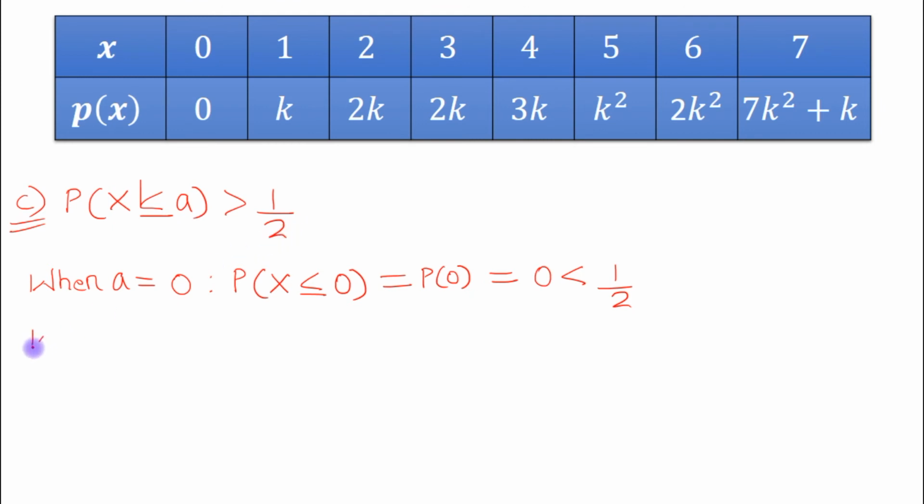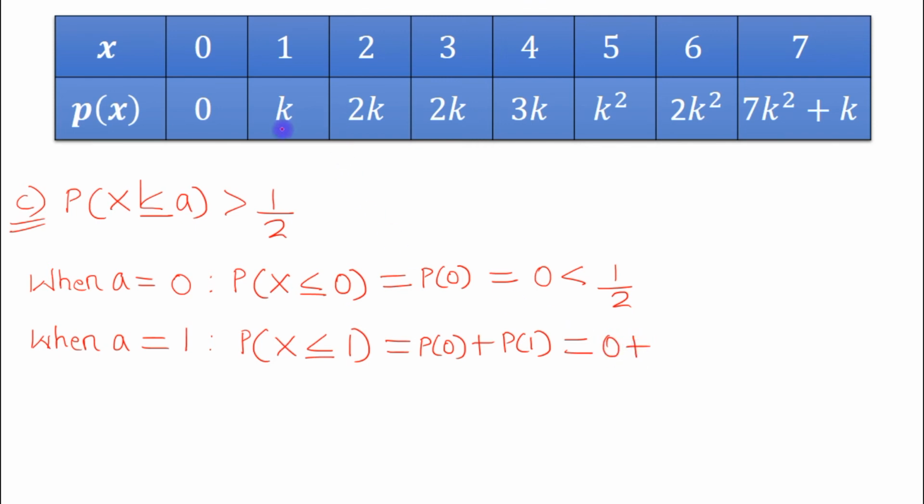Now we will take when a equals 1, so p(x) less than or equal to 1 is equal to p0 plus p1, which will be equal to 0 plus k, and the value of k was 1 by 10. But again it is less than half, so this value will also not satisfy this equation, right?